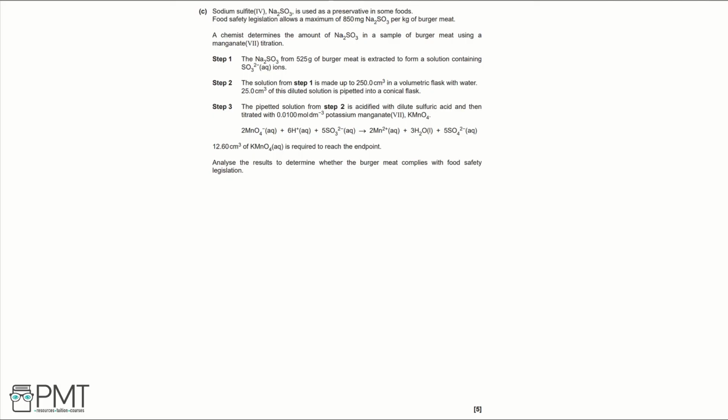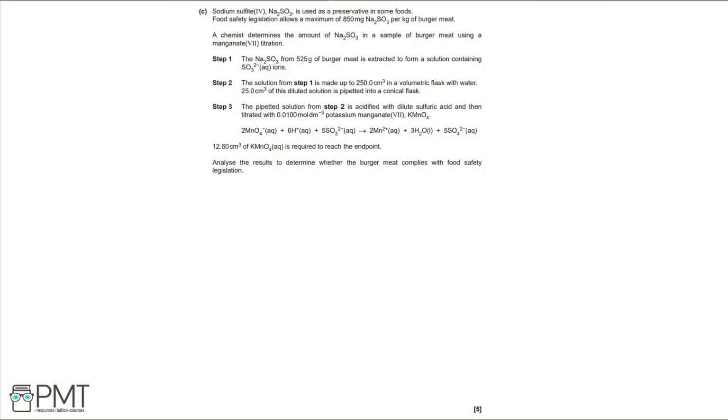The pipetted solution from step 2 is acidified with dilute sulfuric acid and then titrated with 0.01 moles per decimeter cubed potassium manganate 7, KMnO4. 12.60 centimeters cubed of KMnO4 aqueous is required to reach the end point. Analyze the results to determine whether the burger meat complies with food safety legislation.